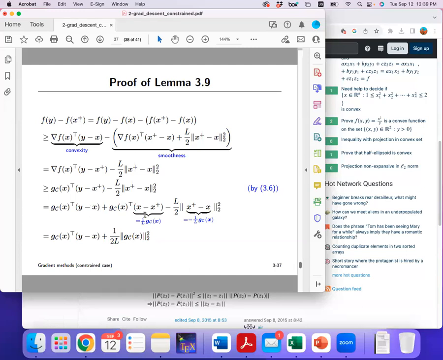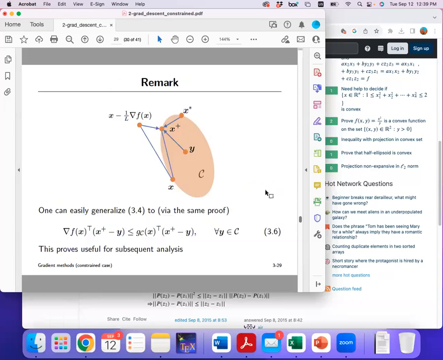I have a question. Why do we call GC the generalized gradient? Because by fact 3.6, it characterizes the projection. I see. Yes, 3.6 is about replacing this gradient by the GCX, right?